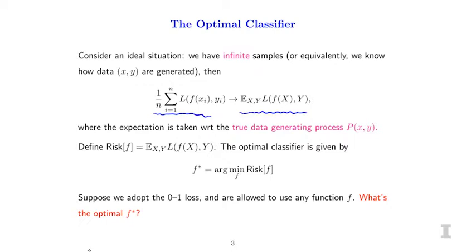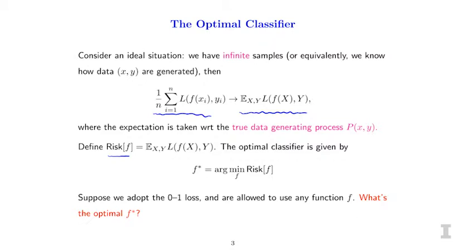That expected loss is sometimes referred to as the risk function of a classifier f. And it's reasonable to define the optimal classifier to be the function f star that minimizes the risk function. Let's assume we're going to use the 0-1 loss function, and also we are allowed to use any function f. Then what would be the optimal f star?